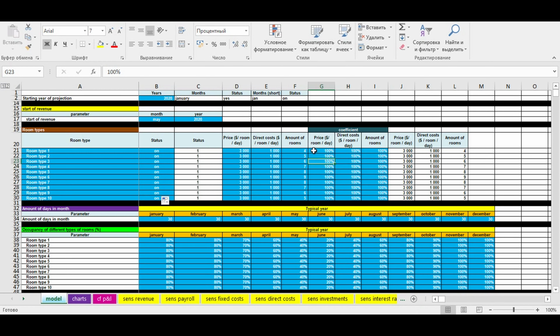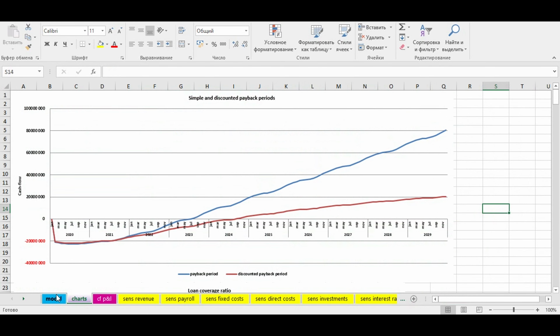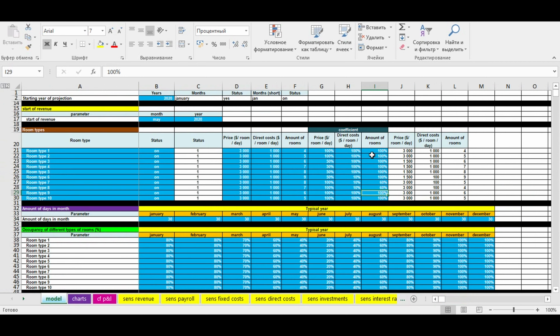Using these coefficients, we can quickly adjust the pricing for each type of room without changing the absolute values of prices. Also, we have the same coefficients for direct cost and the amount of each type of room in our hotel.